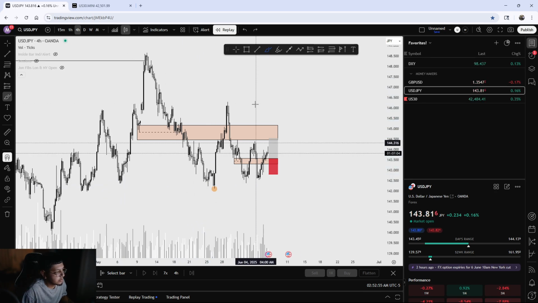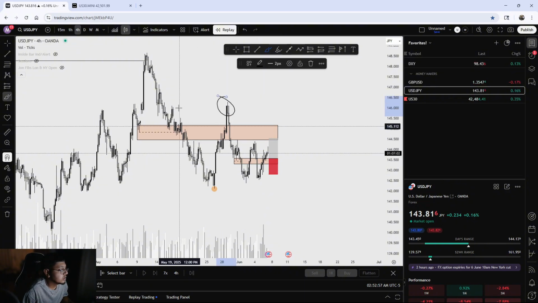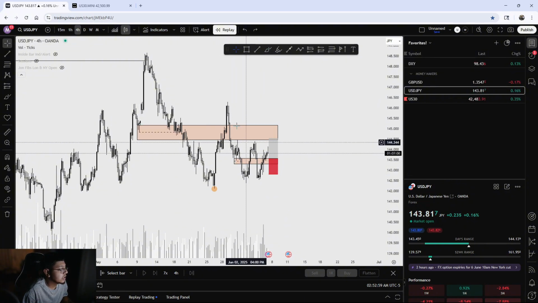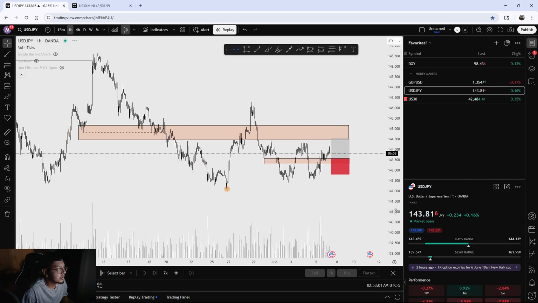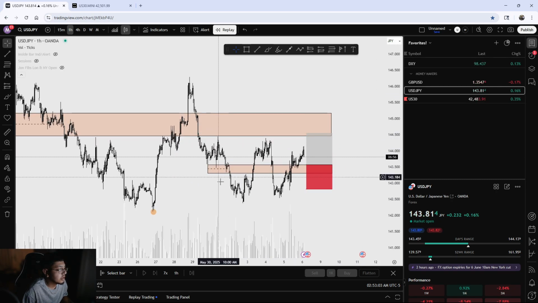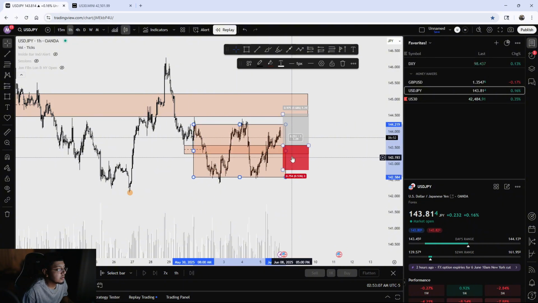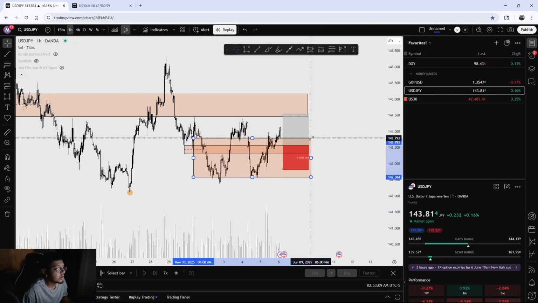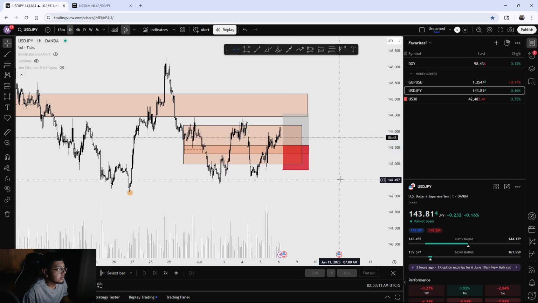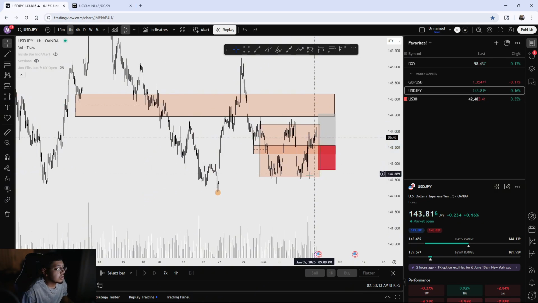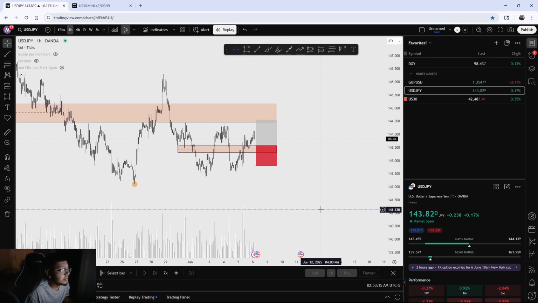We get a strong push up to the upside, price rejected to the downside, back to the downside, and is giving us kind of a range area.